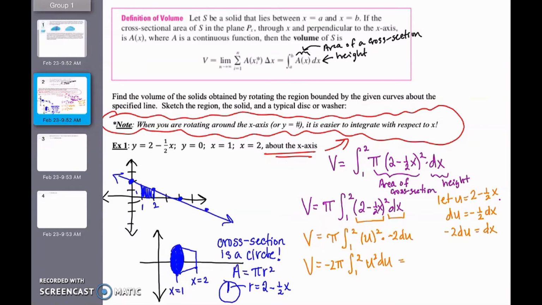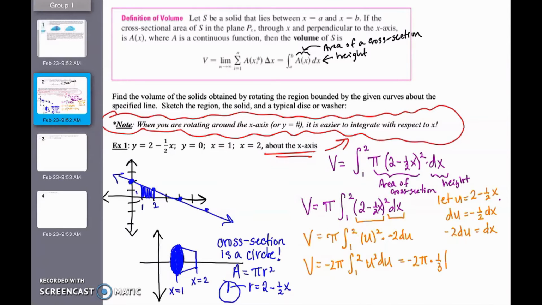Which is going to be equal to negative 2 pi times, now when I integrate this, u squared is going to integrate to 1/3 u cubed. Actually, I apologize, I'm going to take a step back here. I know it's 1/3 times whatever u is, cubed.